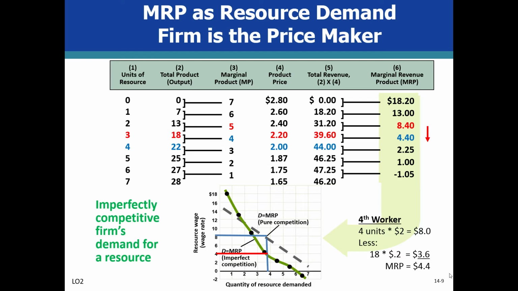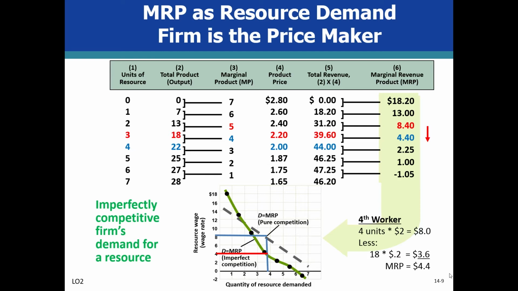Let's take a look now a little differently at an imperfectly competitive market. The results are different in a market that is imperfectly competitive, where the firm sets the market price. Thus, to sell more, the firm has to lower its price.